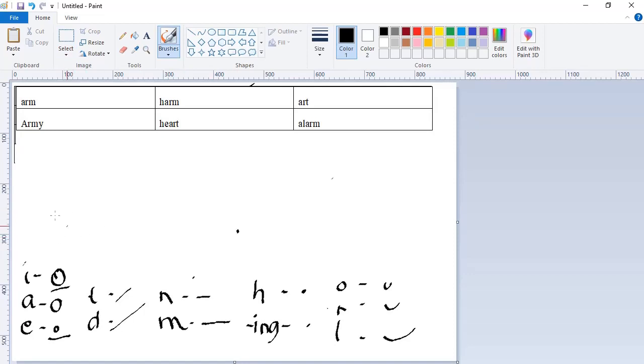So, arm. We have A, R, M. Ulitin natin. A, R, M. Ulitin natin. Ang laki ng R. A, R, M. Okay, so that's how you write arm.